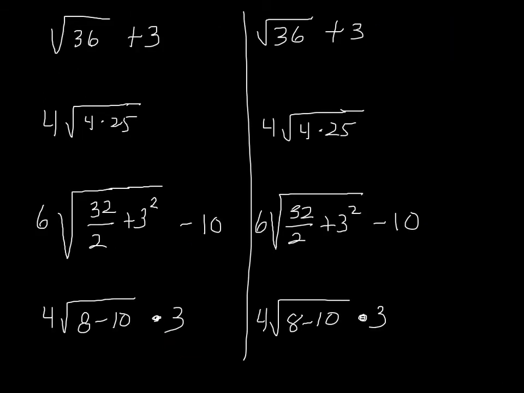Okay, here you see where the square root symbol is stopping. Here it's saying the square root of 36 plus 3. So that means take the square root of 36, which is 6, and then add 3 to it. And so I get 9. Again, using GEMDAS.